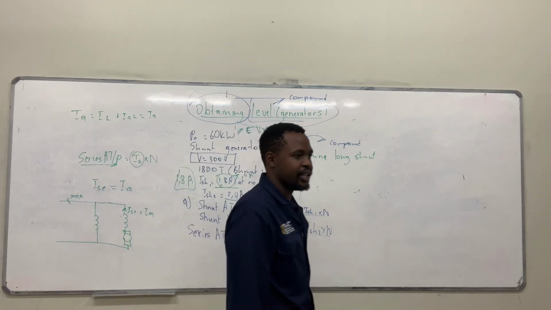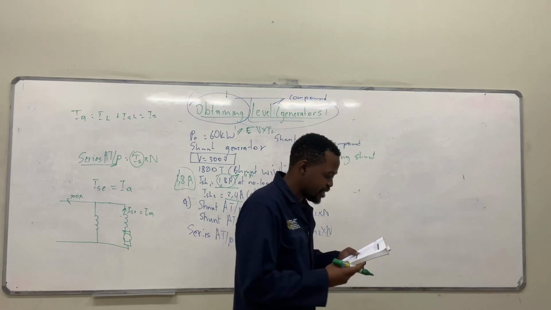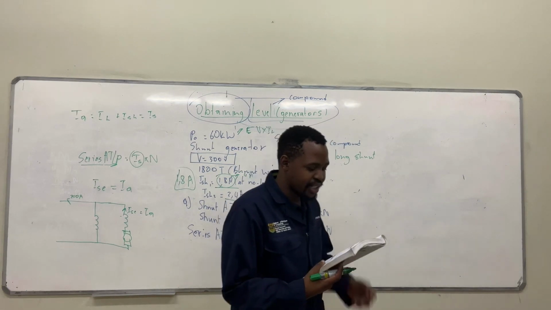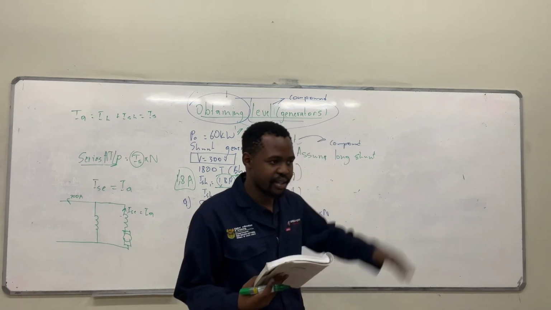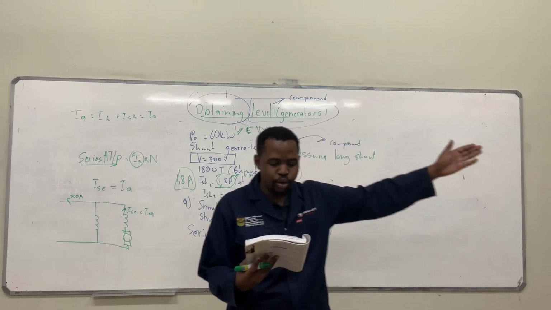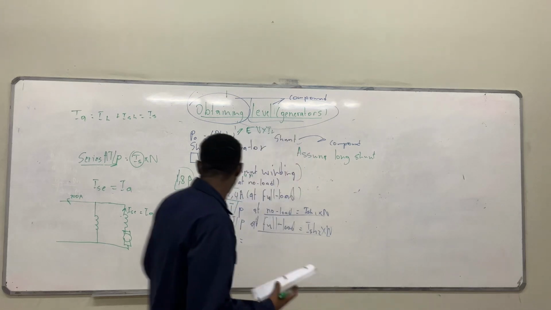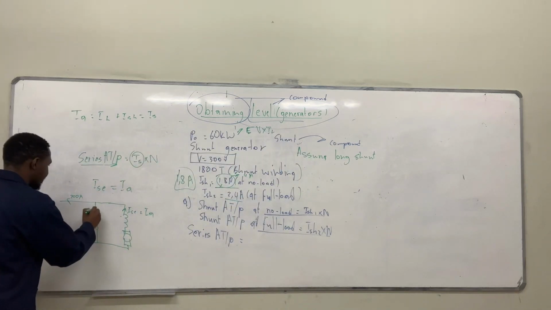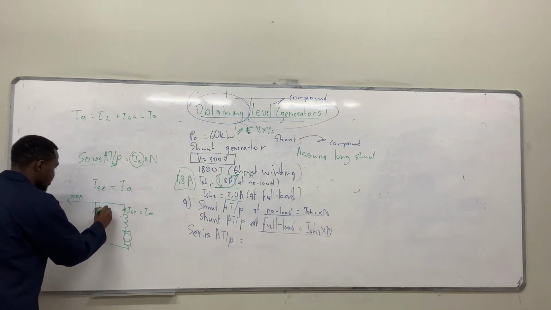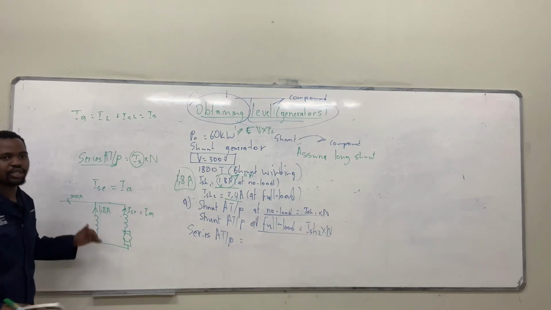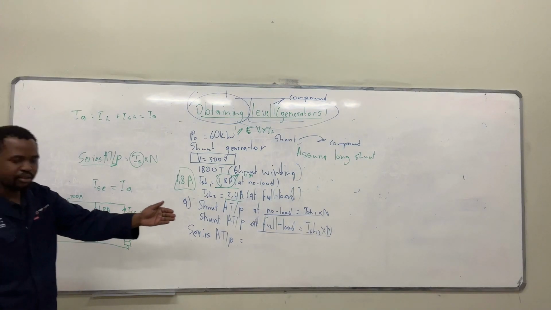Let us read even further. Now the machine is working at full load. So should we not use the full load shunt current? Why are we using the no load shunt current? Because now the machine is working at full load.